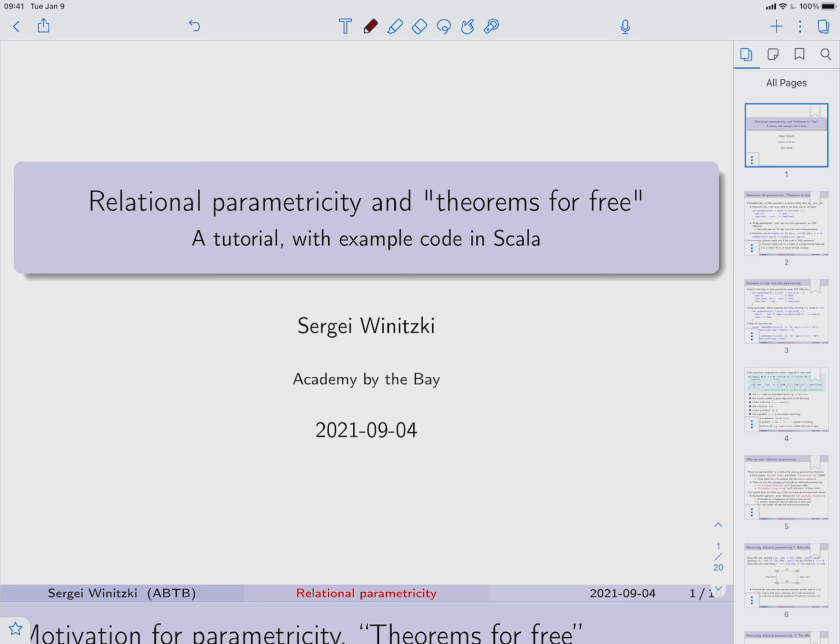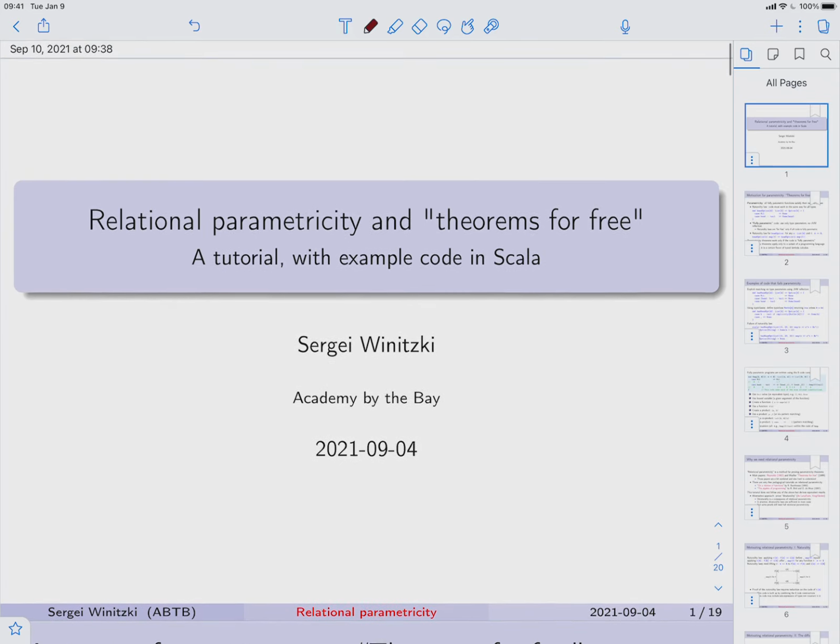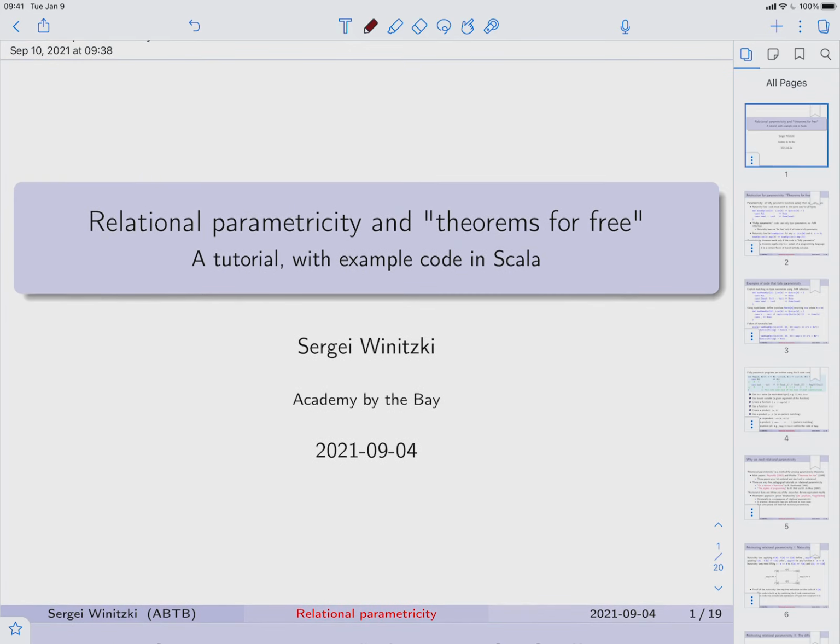Theorems for free is a property that purely functional code and fully parametric code satisfies certain laws, and these laws are usually naturality laws, but not always. So in this tutorial, I will explain how relational parametricity works and show how to use it to prove the parametricity theorem.